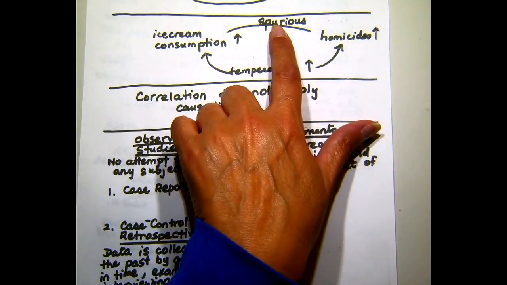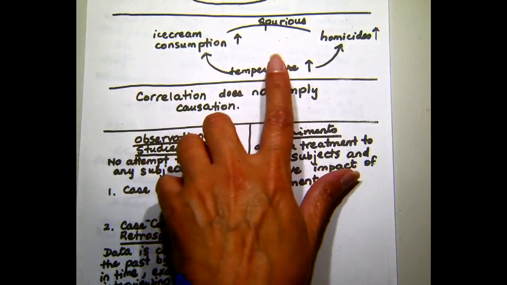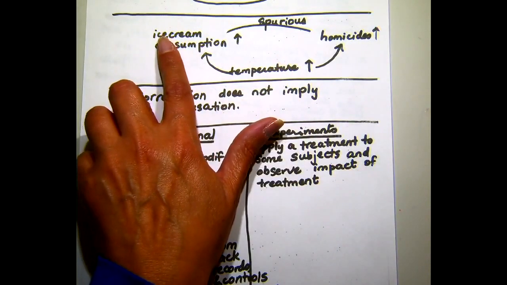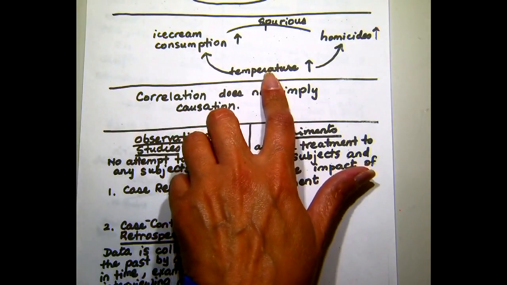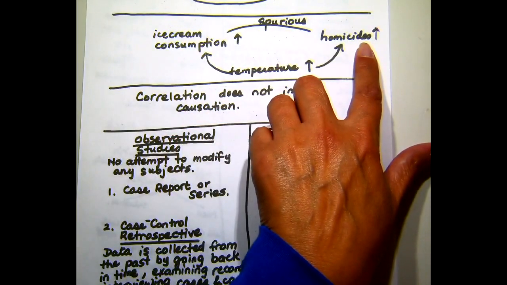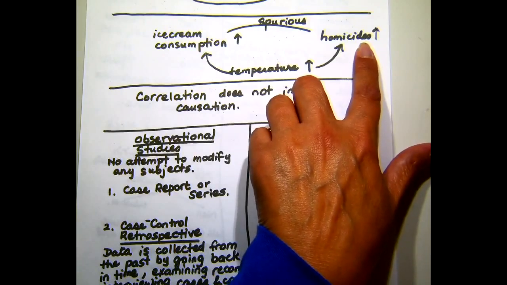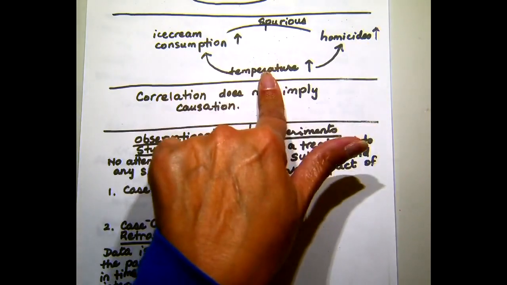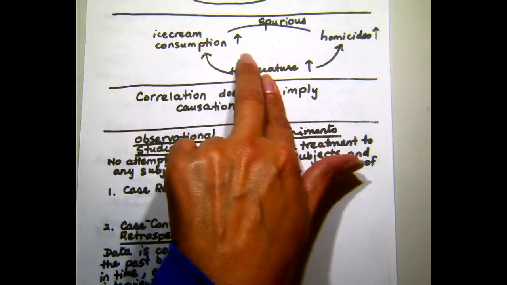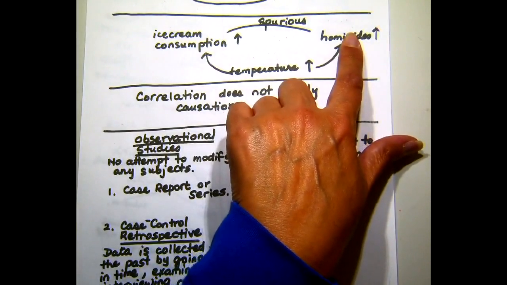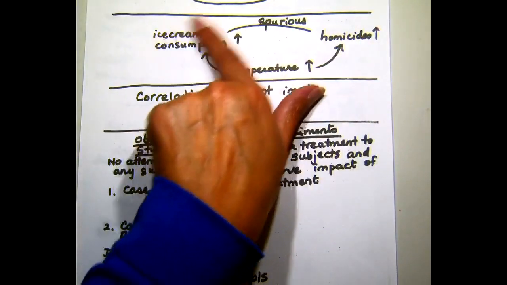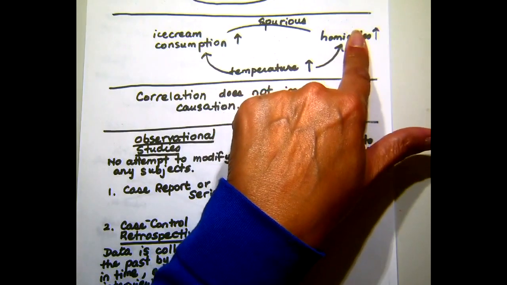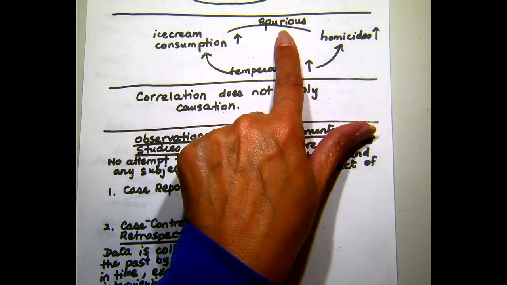So what turns out here is that as temperature goes up, ice cream consumption goes up. And as temperature goes up, homicides go up because more people are out and about, so there's more crime. So this variable is impacting both X as well as Y. And this relationship between ice cream and homicide is called a spurious relationship. Follow?